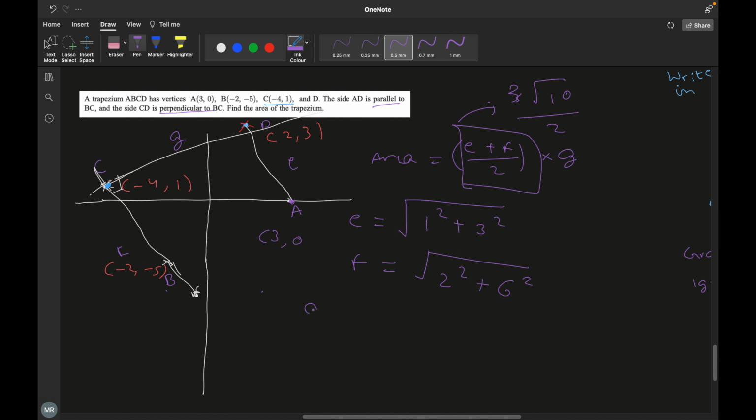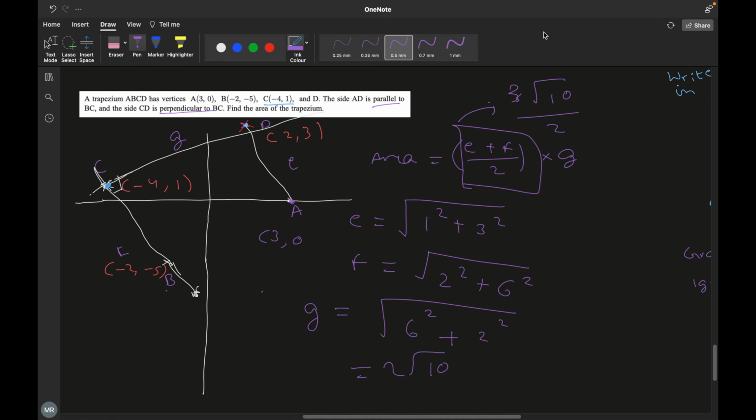Now let's find G. So the value would be the square root of 2 minus minus 4, which would be 6. So 6 squared plus 3 minus 1, which is 2 squared. So the square root of 6 squared plus 2 squared is 2 root 10.